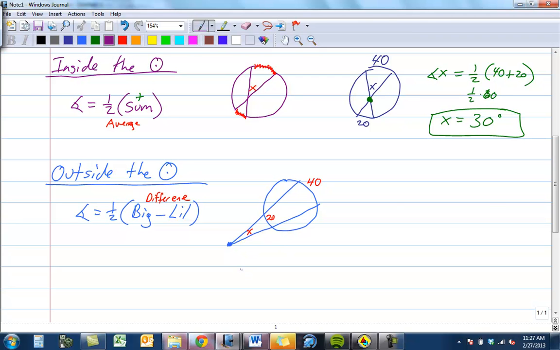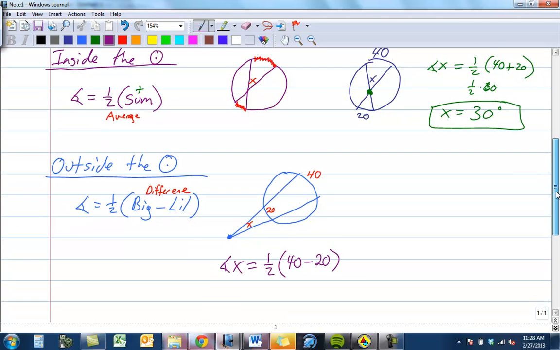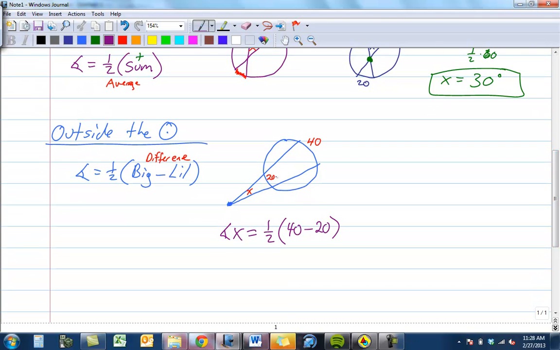Well, angle X equals 1/2 the difference. So it's the big one minus the little one. 40 minus 20. Big arc minus a little arc. So it's 1/2 of 20, which is 10 degrees. So x would be 10 degrees.